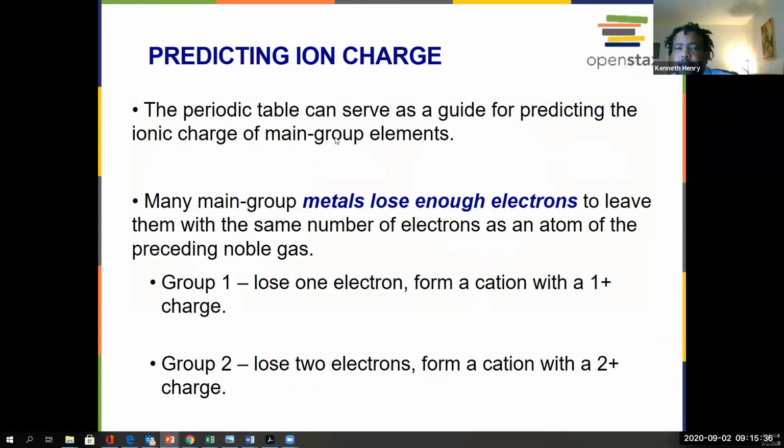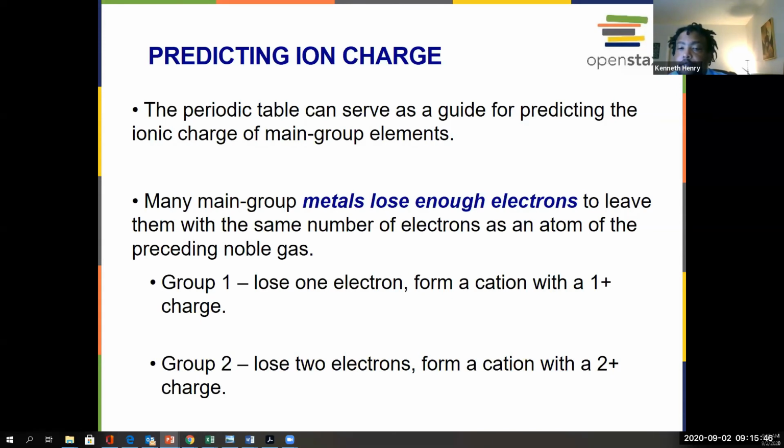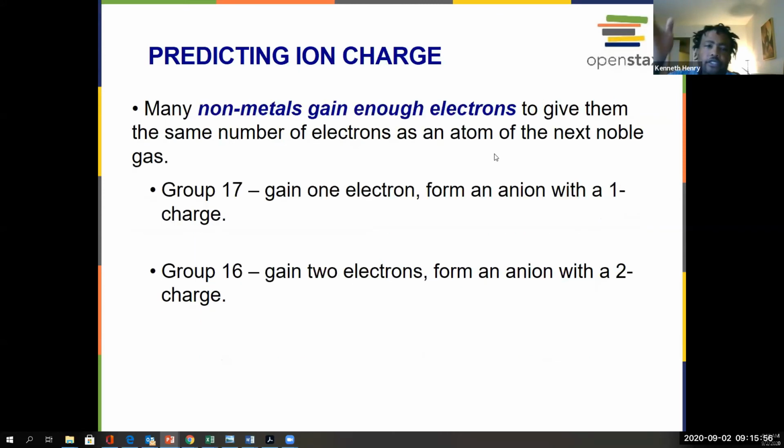So we've already talked about how to predict charges, right? Because you know that if it's a group 1 metal, what's going to be the charge if it forms an ion? Plus, right? If it's a group 2 metal, what's going to be the charge? Okay. Group 17, that's your halogens.